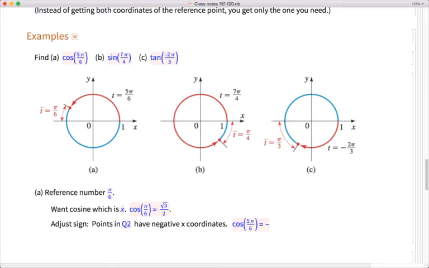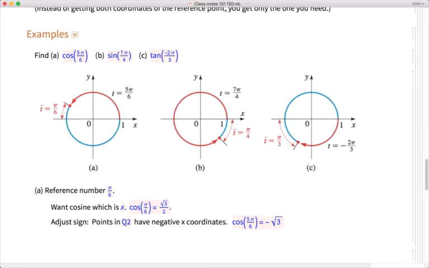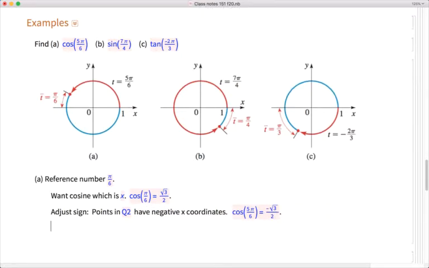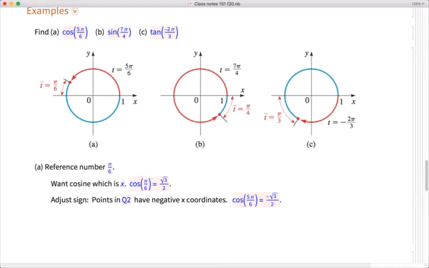So we have to adjust the sign. So this should be negative root 3 over 2.